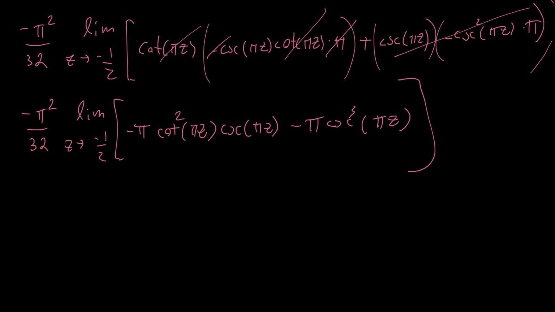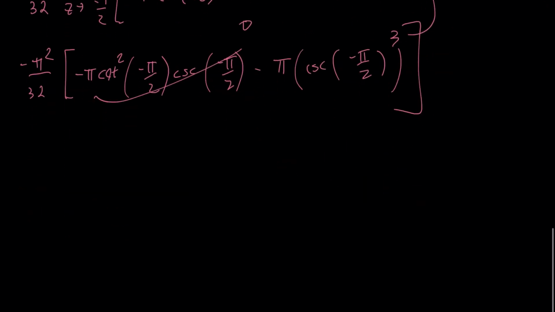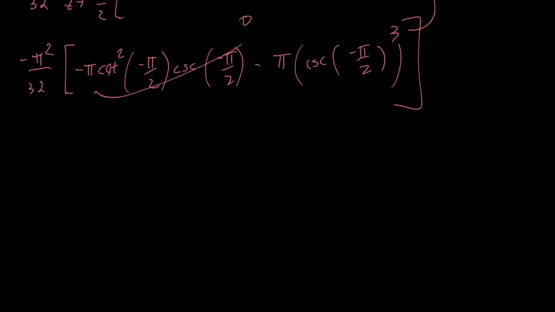So now plugging in the limit, we're going to have a minus pi squared over 32, and then we're going to have a minus pi cotangent squared of minus pi over 2, cosecant of minus pi over 2, minus pi, we have the cosecant of minus pi over 2 cubed. The cotangent of pi over 2 is 0, so this whole thing ends up being 0. And we have a minus pi squared over 32.